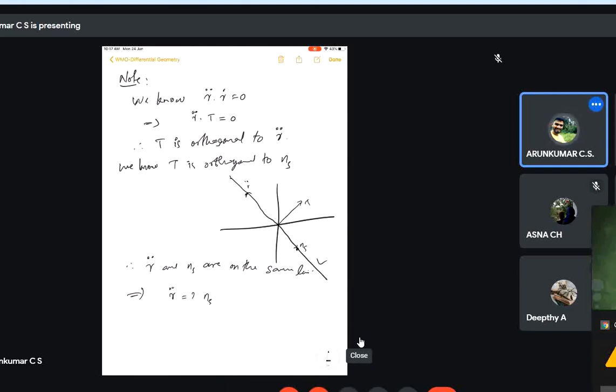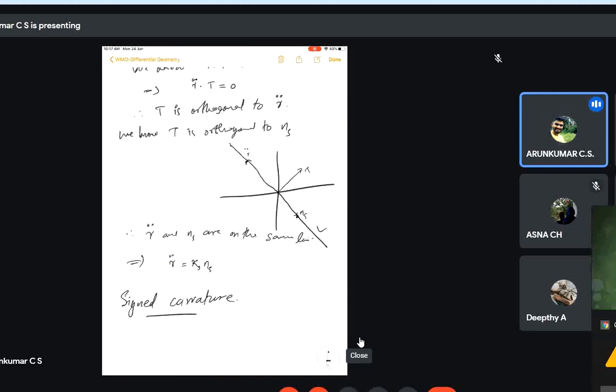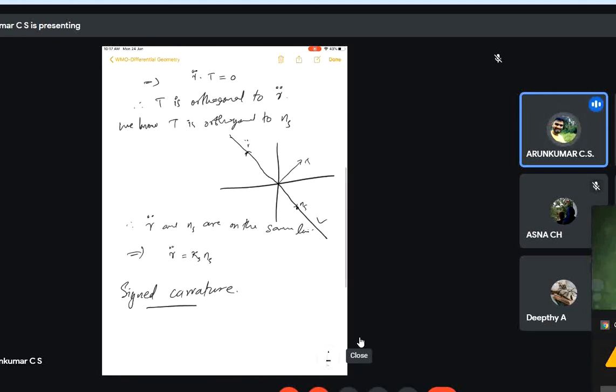That constant I'll denote by ks, and this constant is called signed curvature. This is just our observation, so let me define signed curvature from here. This is denoted by ks.